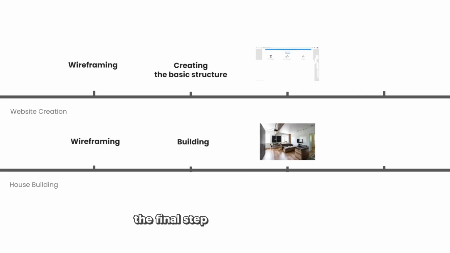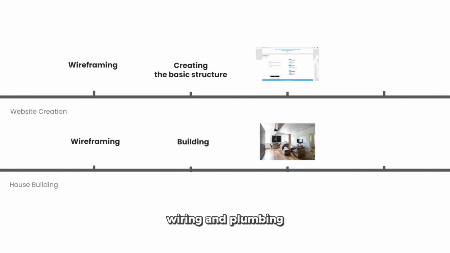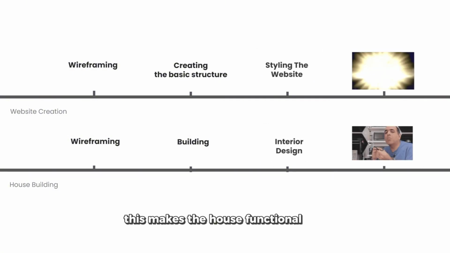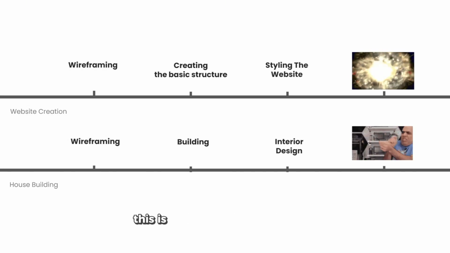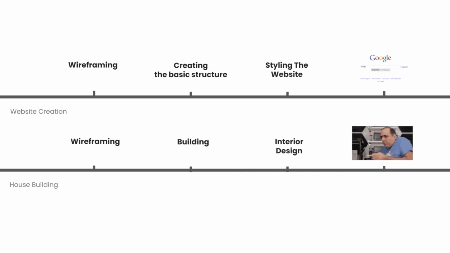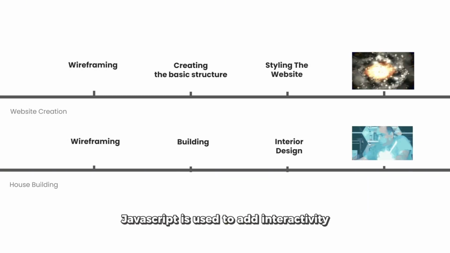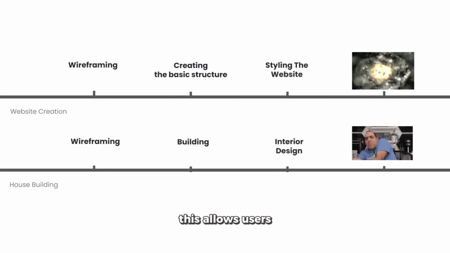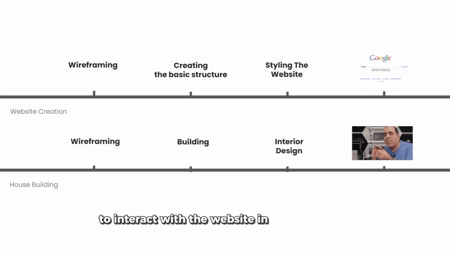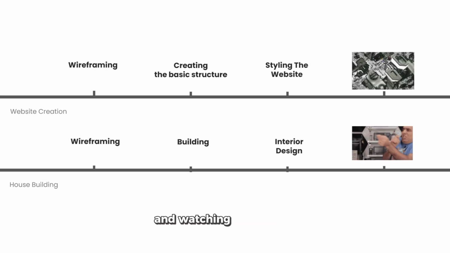The final step in building a house is to install the electrical wiring and plumbing. This makes the house functional and allows people to live in it. For a website, this is where JavaScript comes in. JavaScript is used to add interactivity and dynamic behavior to a website. This allows users to interact with the website in different ways, such as clicking buttons, submitting forms, and watching animations.